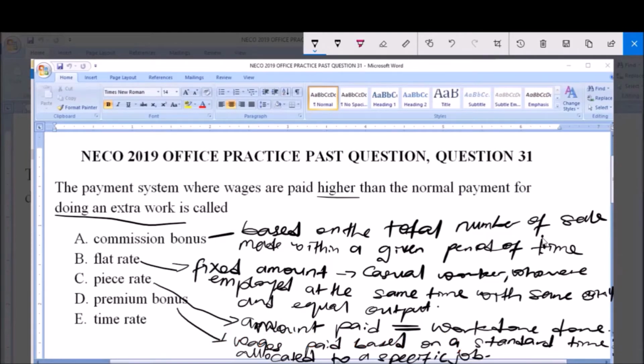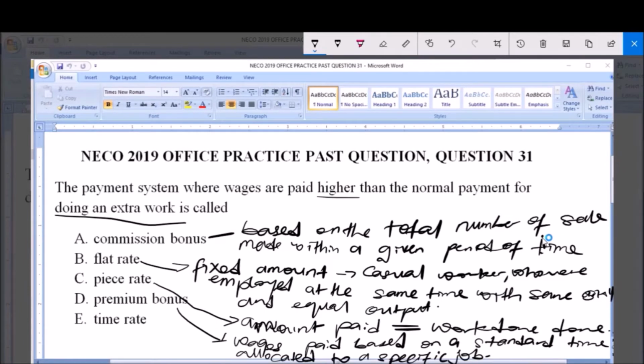And in this system, every time saved attracts a bonus payment. That is, when extra work is done, it attracts bonus payments because all the work is done at a standard time. Now when a worker goes the extra mile to save time, it attracts a bonus, and that is why it is called premium bonus.